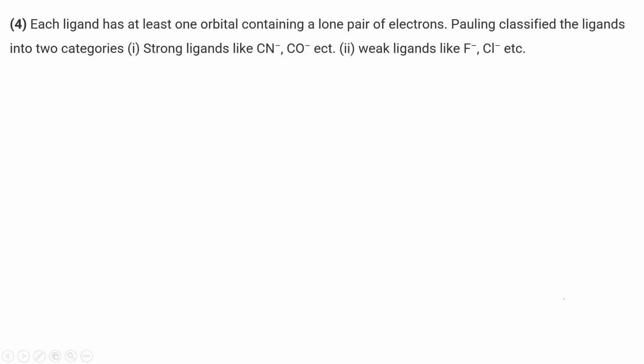The fourth point is each ligand has a set of one orbital containing a lone pair. Ligands will only donate electrons if they have a lone pair or negative charge. Pauling classified ligands in two categories: strong and weak.